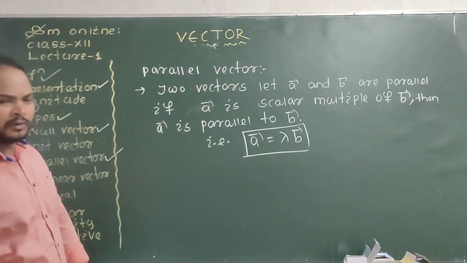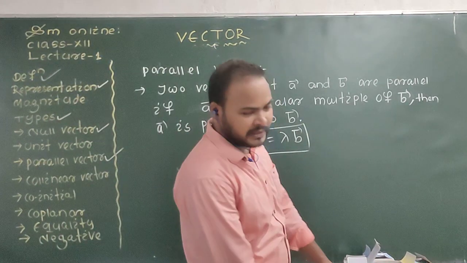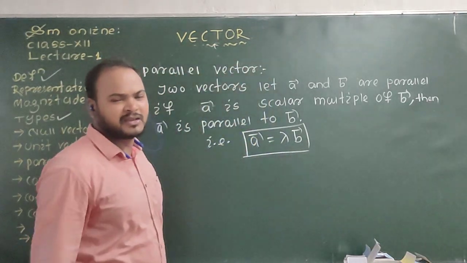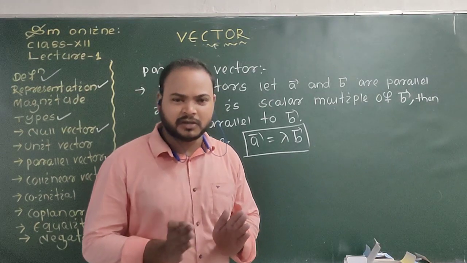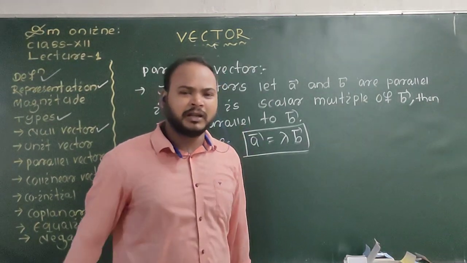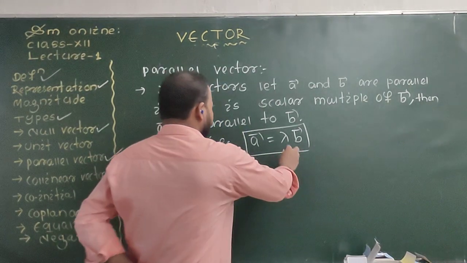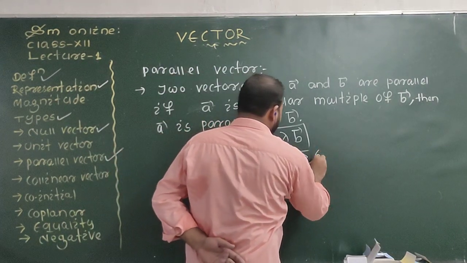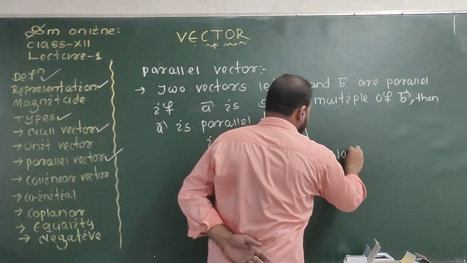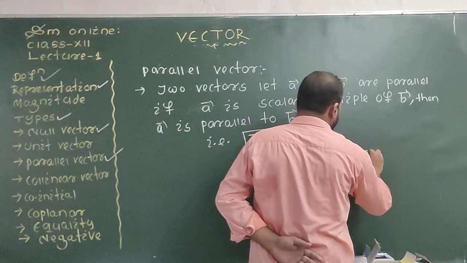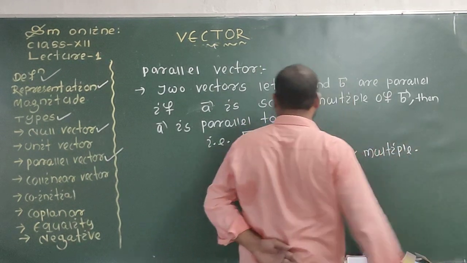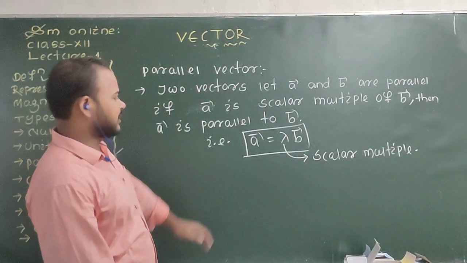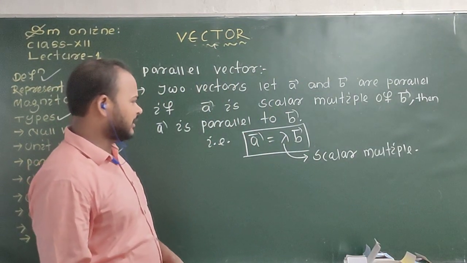Vector A equals lambda into vector B, and this lambda is called the scalar multiple. Vector B is multiplied by a scalar, and this lambda is called the scalar multiple.